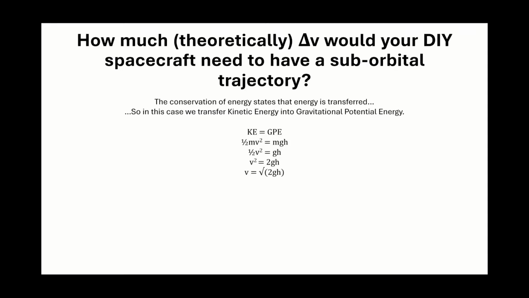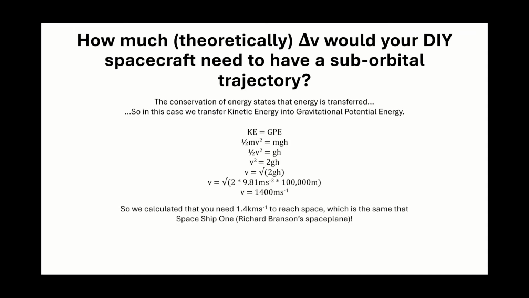Now we can finally calculate the delta v a spacecraft would need to reach a suborbital trajectory. So if we substitute our known values, g and h, we get v equals the square root of 2 times 9.81 meters per second squared times 100,000 meters. And the numbers say that our velocity required is around 1,400 meters per second.